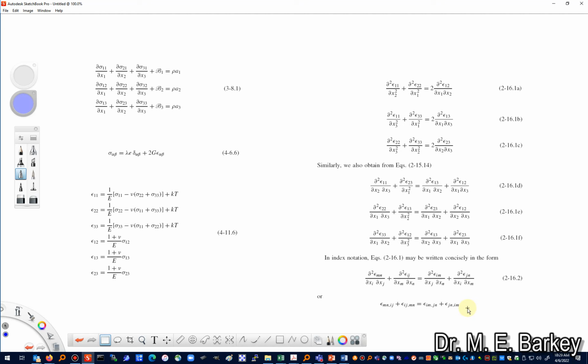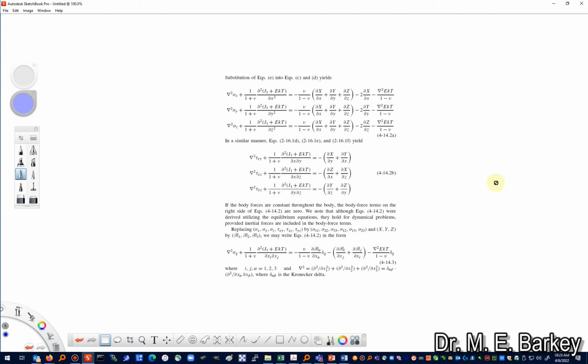Now, one of the things that we recently talked about around this section in our book are the Beltrami-Mitchell equations. So let's look at those. And the Beltrami-Mitchell equations are expressed here. And they're a combination of equilibrium and compatibility for an isotropic material.